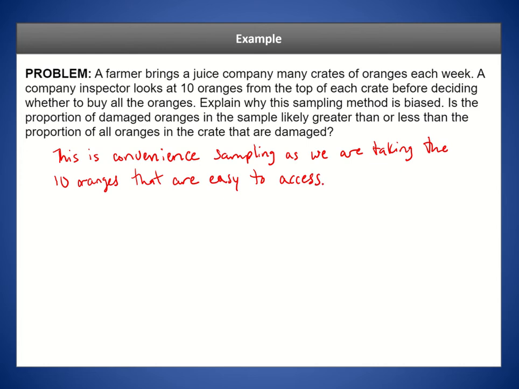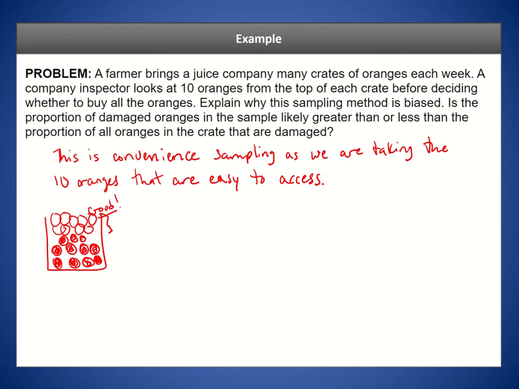There's going to be a bias, because if you have a pile of oranges, you might think that most of the good ones are going to be on top. So let's assume that the good ones are on top and the not so good ones are on the bottom. Maybe they were purposely done that way, because when you have a pile, you generally want the easier to access ones to be the good ones.